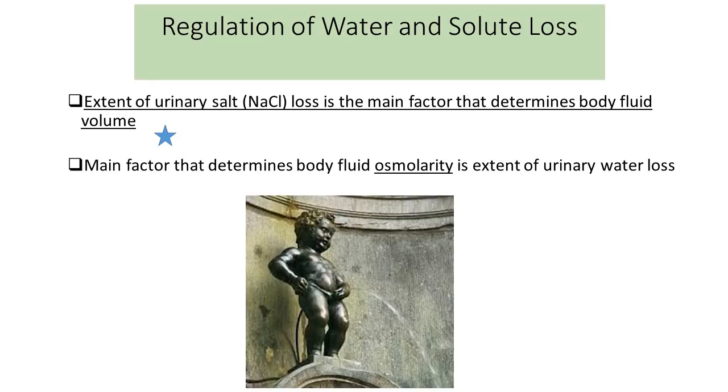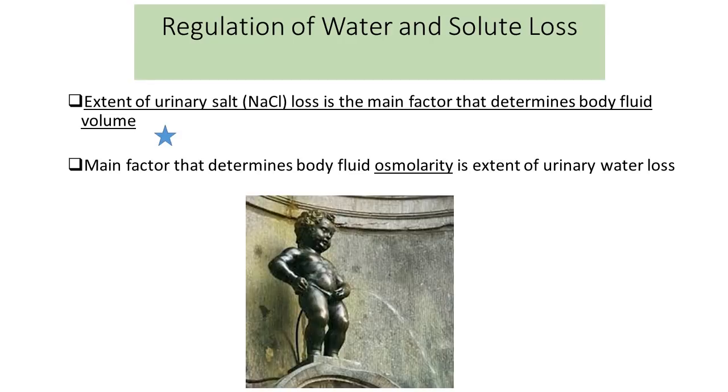The extent of urinary salt loss is the main factor that determines body fluid volume. If we want to increase the amount of body fluid that we lose through urine, we can add more sodium chloride into the urine filtrate, and water will follow the sodium chloride, which means it will be excreted in the urine, and we can reduce the amount of fluid or water in our body compartments.